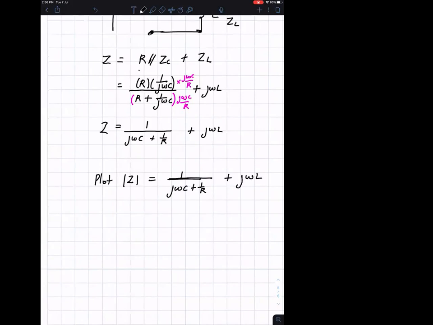I'm deliberately keeping the equation this way, so that you can see what's happening.